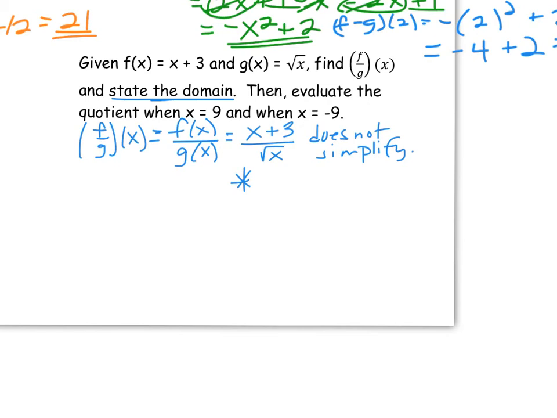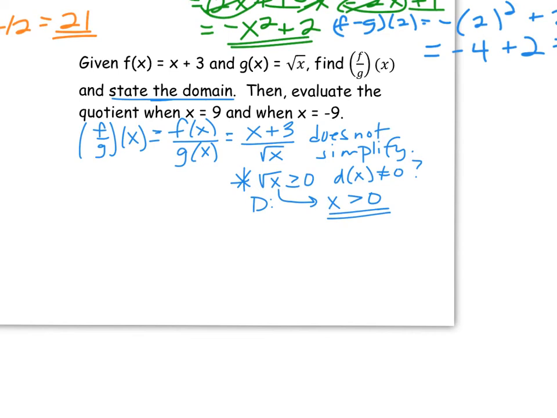So what we have to state for this one is that the square root of x has to be greater than or equal to 0, but the denominator, oh, this is tricky, can't equal 0. So now instead of saying the equal part, we're just going to have to say that x has to be just greater than 0 in order for both domains to be true. So this is our domain. X has to be greater than 0.